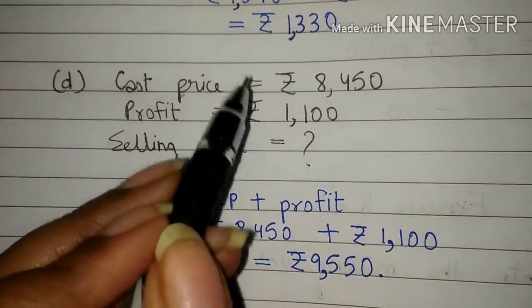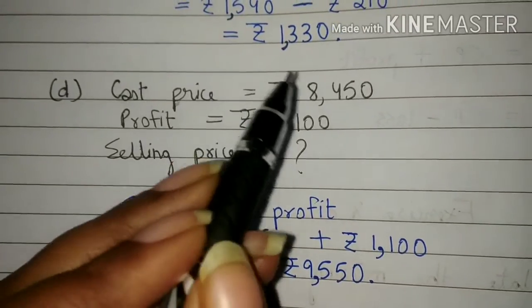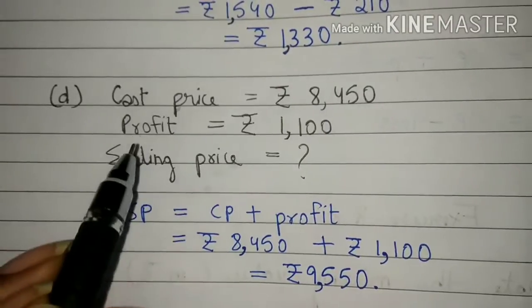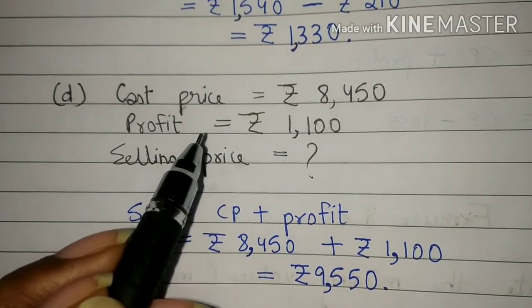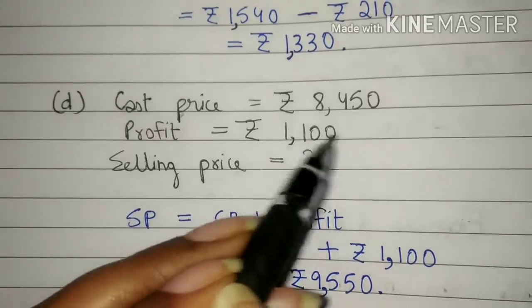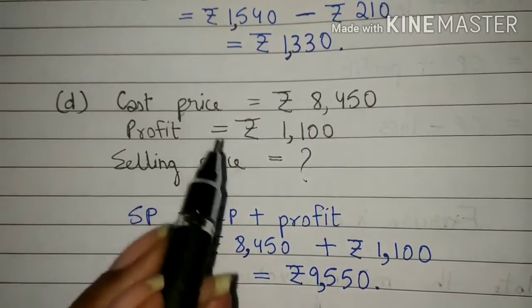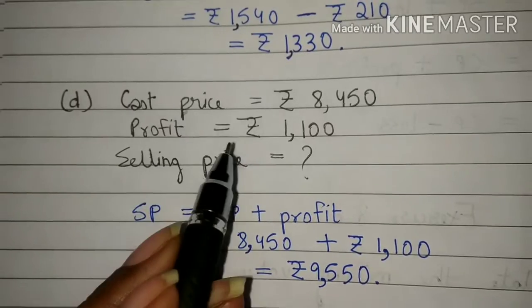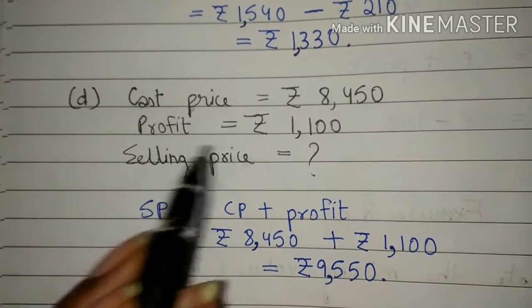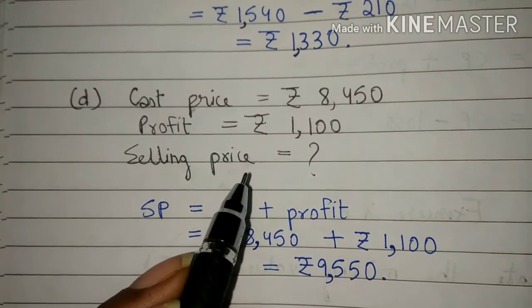Cost price is given, that is rupees 8450. Profit is given, that is rupees 1100. And students, there are two blanks. One is for selling price and the other is for loss.